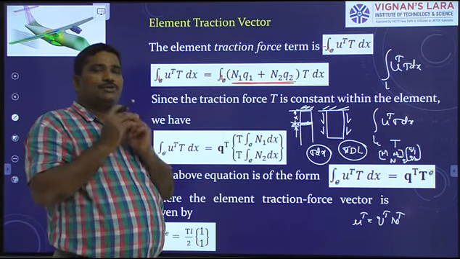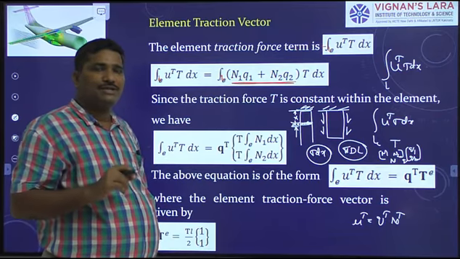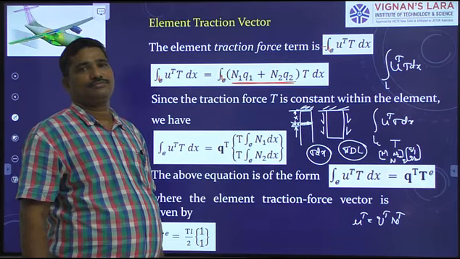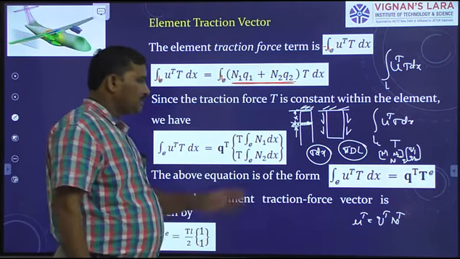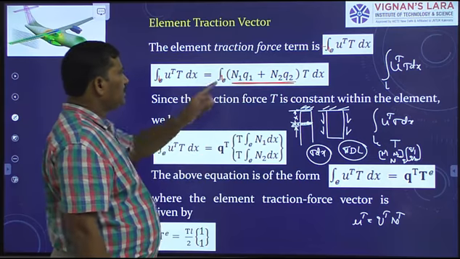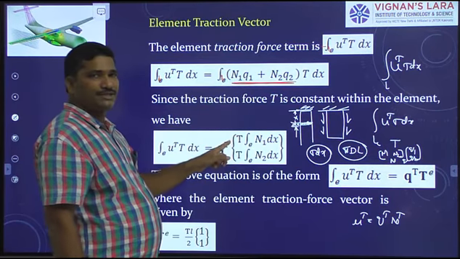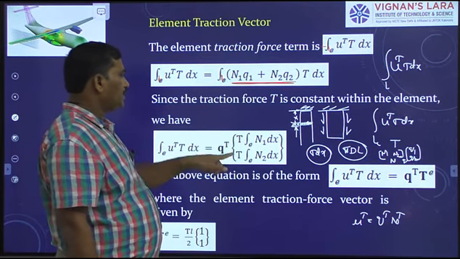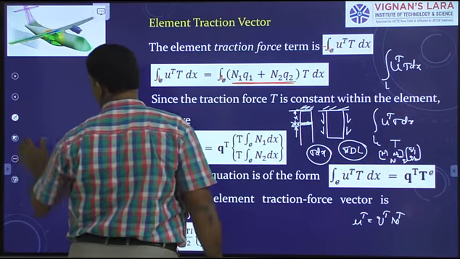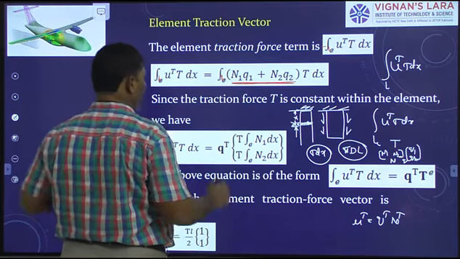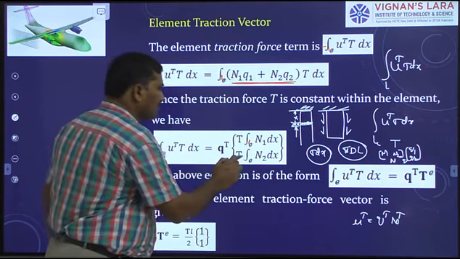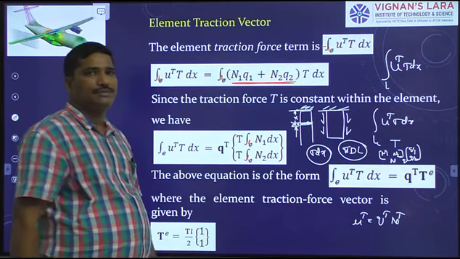Then Q transpose becomes a row matrix, and N transpose becomes a column matrix. This Q transpose is constant, so it comes out. T is constant. Now, the integral over the length of the element of N1 dx, and again T into the integral over the length of the element of N2 dx.